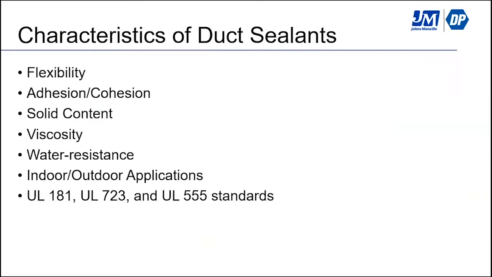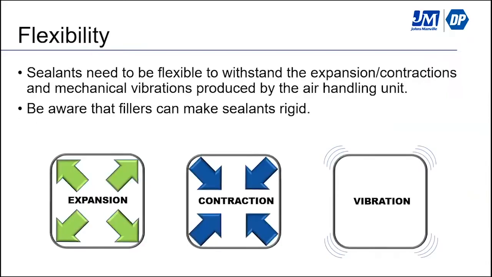The characteristics that you're looking for in a duct sealant are flexibility, cohesion, adhesion. We'll address the solid content, viscosity, some of the myths there, water resistance, and briefly touch on some of the UL 181 codes. The most important aspect of any type of duct sealant is flexibility.